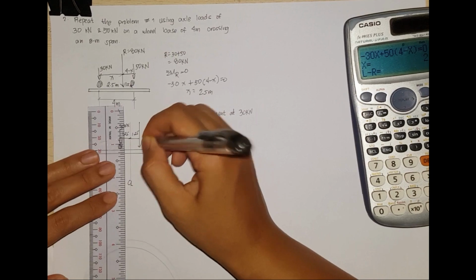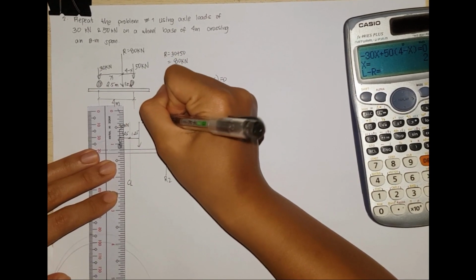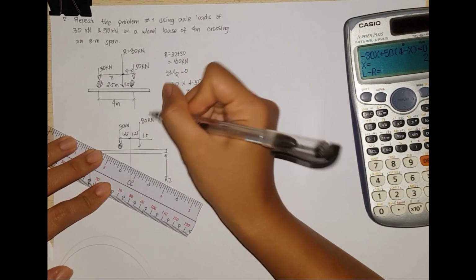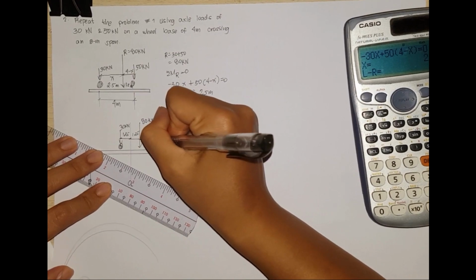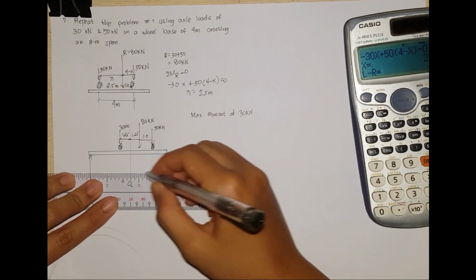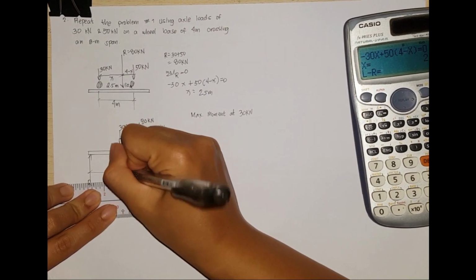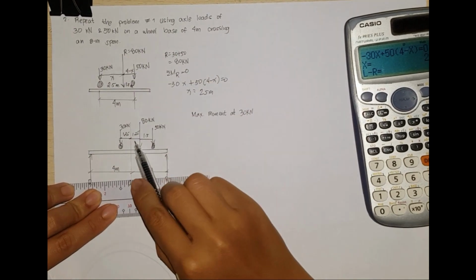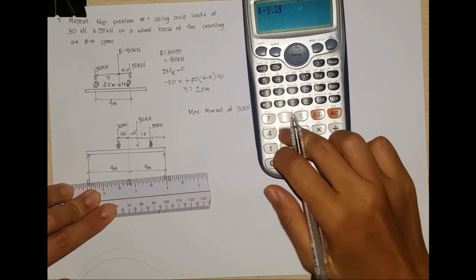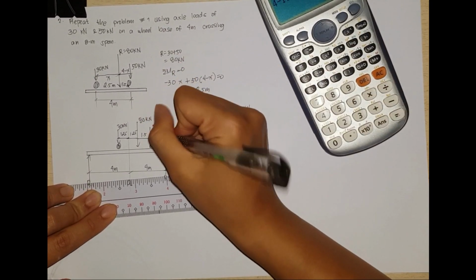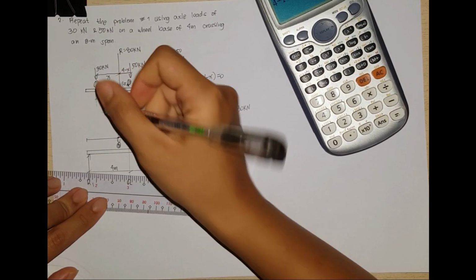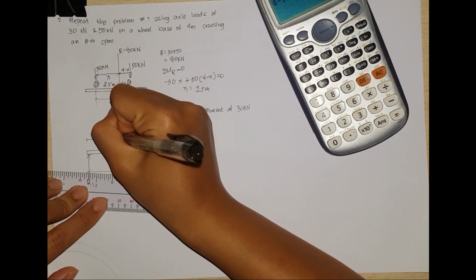This is resultant P, which is 80 kilonewton. And then we have, again, distance of 1.5 for our 50 kilonewton. Yung span natin is 8 meters, so this is 4 meters and then 4 meters. Yung natitira dito is 4 minus 1.25 minus 1.5, so 1.25 meters. And then at this part is equal to 2.75 meters.